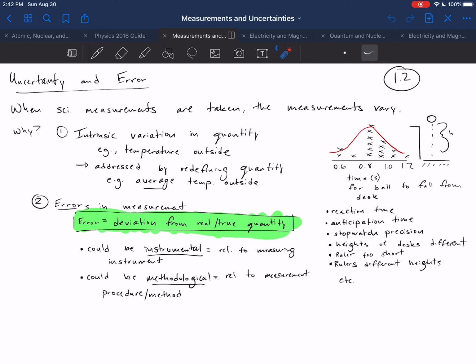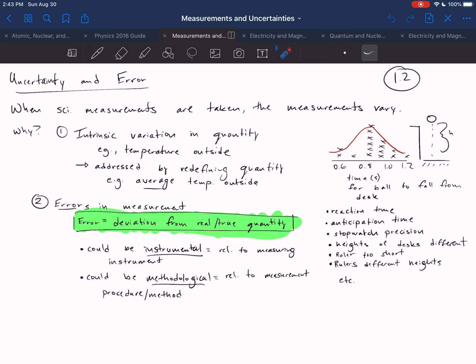So error is something that only makes sense if you think there is a real value that you're trying to measure. So there is such a thing as the height of the table or the temperature outside right now. And if you make an error in measurement or you introduce error into your measurement, then what you record as the result of your measurement will be different from the real or the true quantity. And we use the word error formally to mean how far away it is from that real or true quantity.